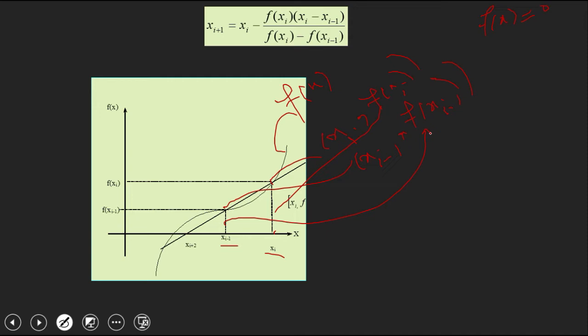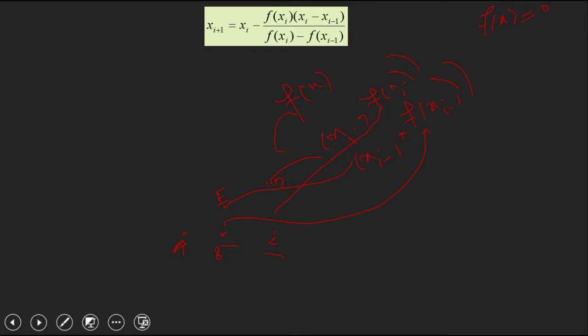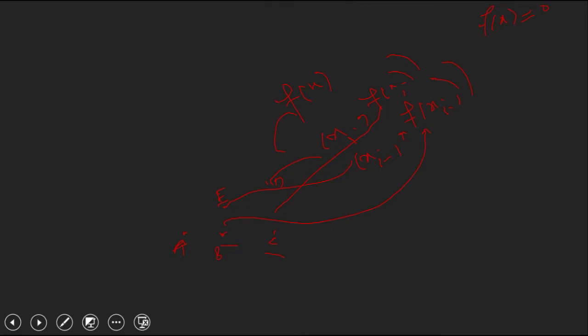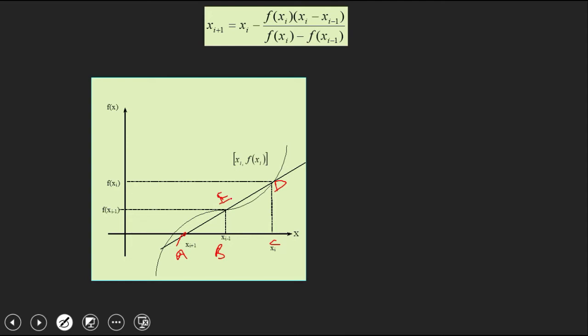Let us consider that one point is A, that one is B, the last one at x i is C, that one is D, and that one is E. The secant line touches the graph of the function at 2 points, and it touches the x-axis at x i plus 1.